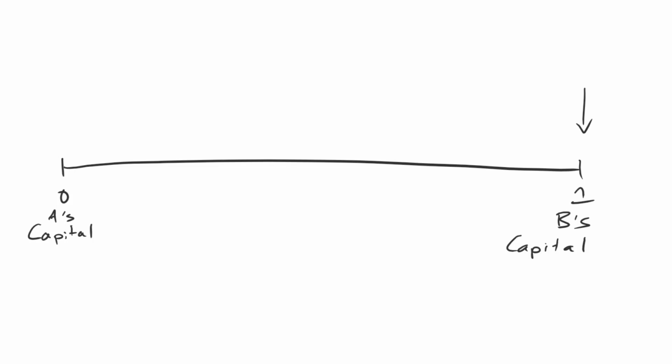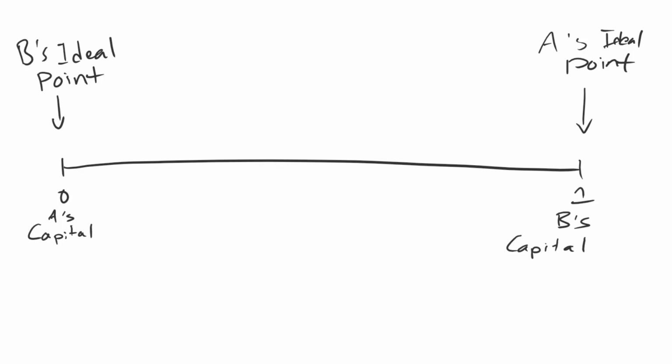This is A's ideal point. And B, on the other hand, would like to draw it all the way on the other side. So A is always happier when we're moving things this way, and B is always happier when we're moving things this way. Okay, so just again, imagine this strip of territory that's between these two states, and that's the thing that they're bargaining over.